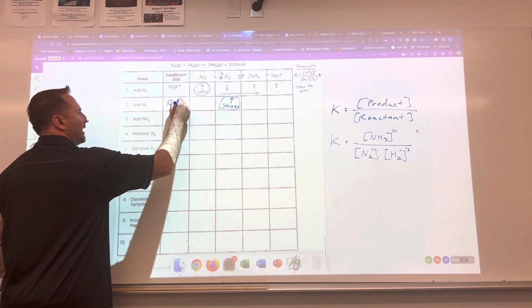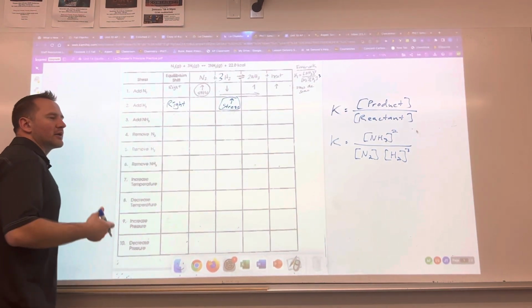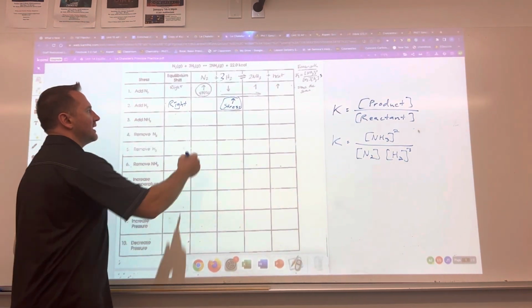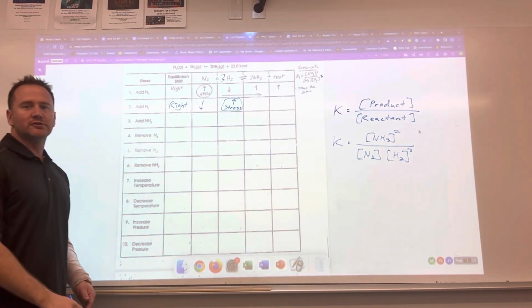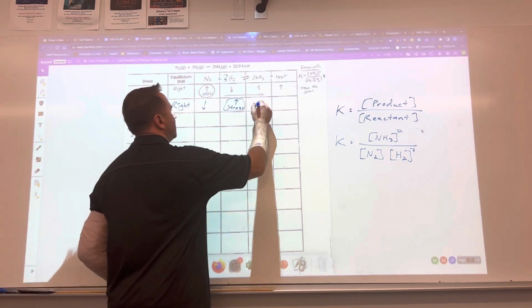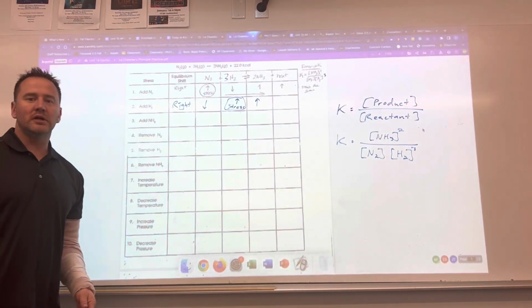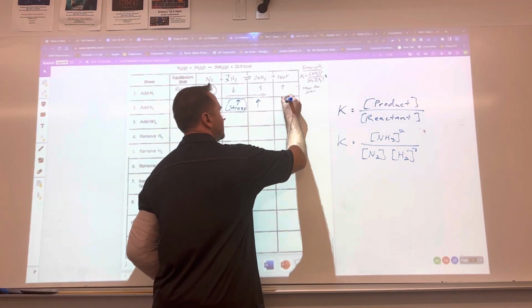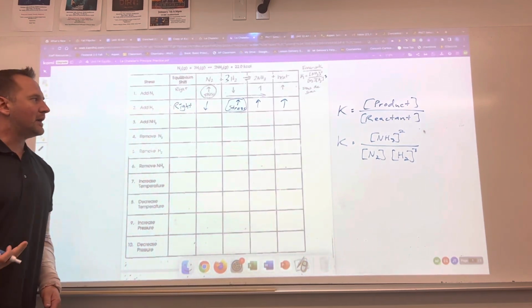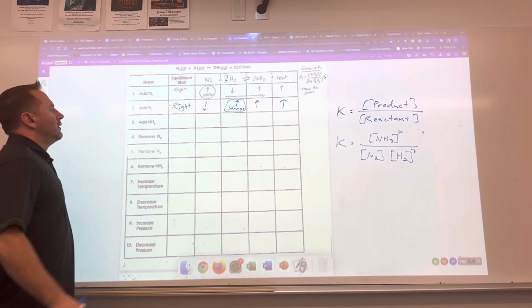You're adding a reactant, so it's going to want to make more product to compensate for that. As it does that, it's going to decrease the concentration of nitrogen, increase the concentration of ammonia, and end up releasing heat because heat is essentially a product, okay?